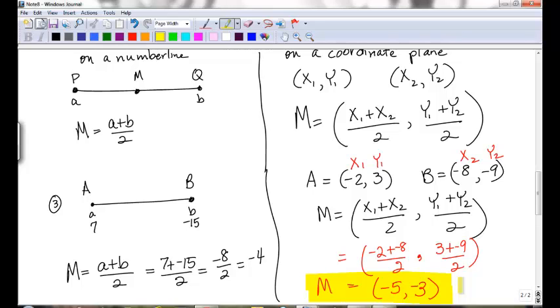Now, sometimes they give you these 2 ordered pairs. Sometimes they'll give you the midpoint. If they give you the midpoint over here, then the first x value on the midpoint has to equal this. And the y value has to equal this. So you're going to have to separate it and work 2 separate equations. Okay, that basically is distance and midpoint.